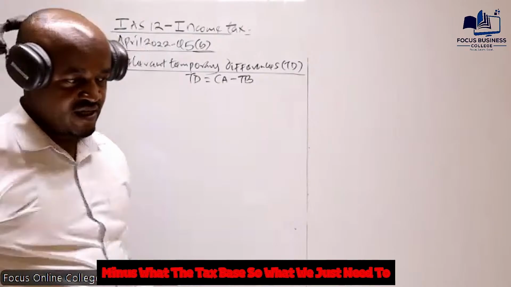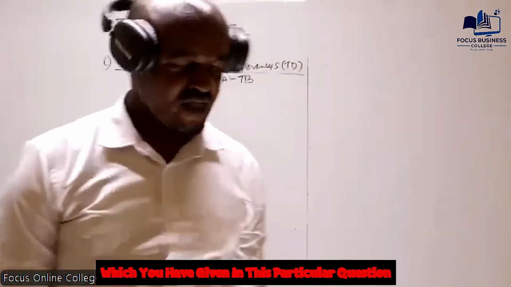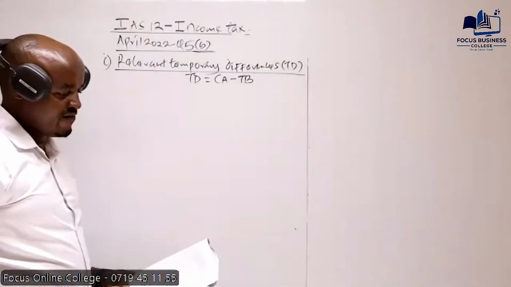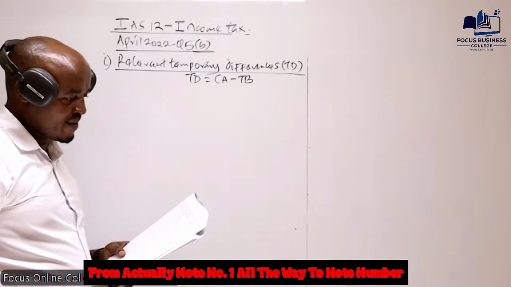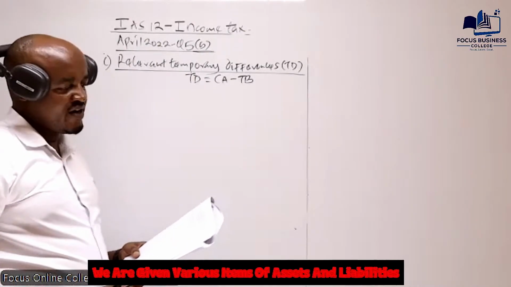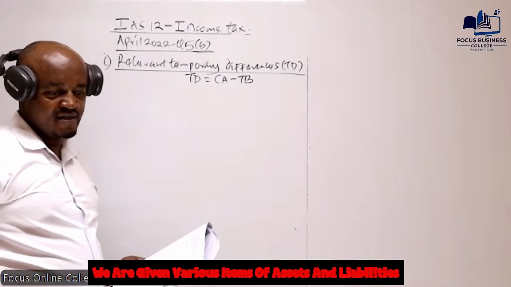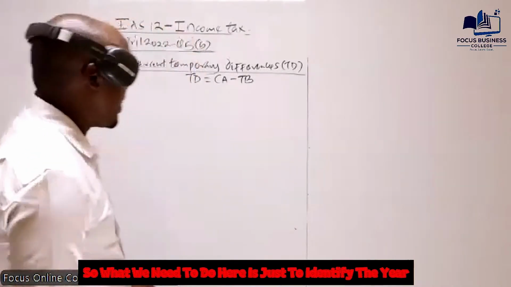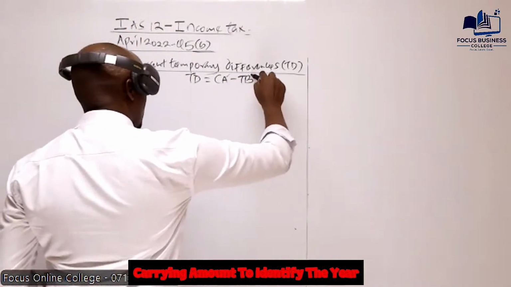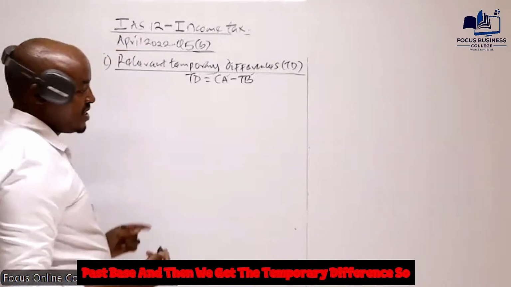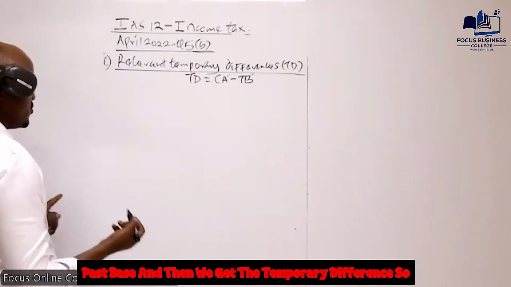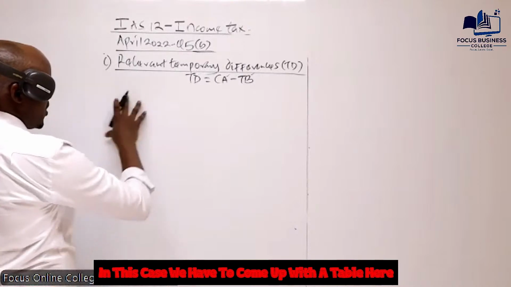So what we just need to do is go through the information given in this question, from note number 1 all the way to note number 5. We are given various items of assets and liabilities. We need to identify the carrying amount, identify the tax base, and then we get the temporary difference. So we have to come up with a table.